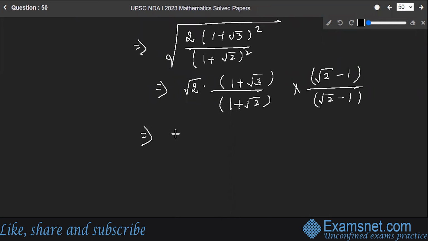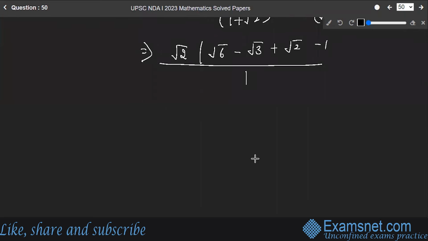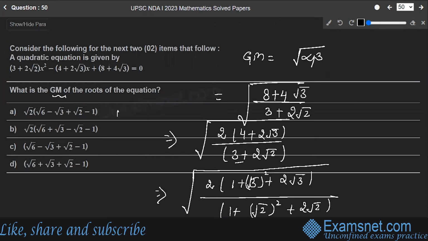So this will be equal to root 2 into (root 6 minus root 3 plus root 2 minus 1) whole divided by 2 square minus 1 square, which will give you 1. So this becomes root 2 outside, root 6 minus root 3 plus root 2 minus 1. So this is option, let's check the options. We have option A as the answer.